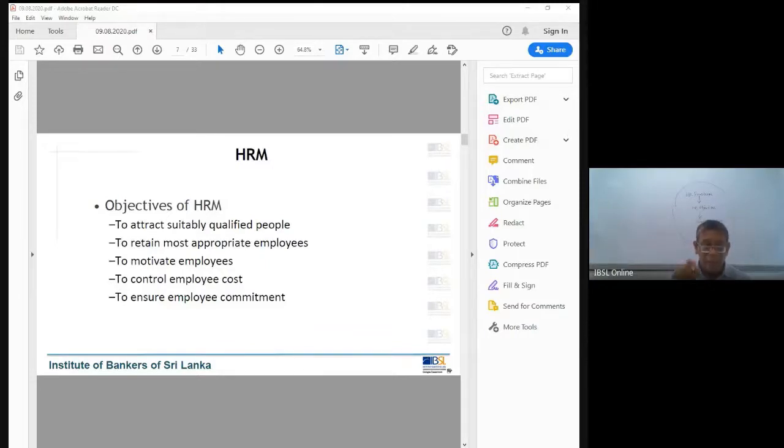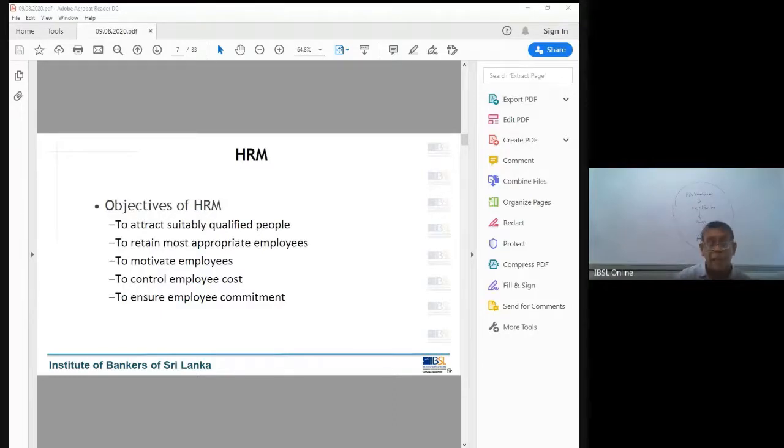First function, job design. Don't worry much, I will explain all these things in detail. What is job design? Arranging tasks, duties, and responsibilities in an organization.